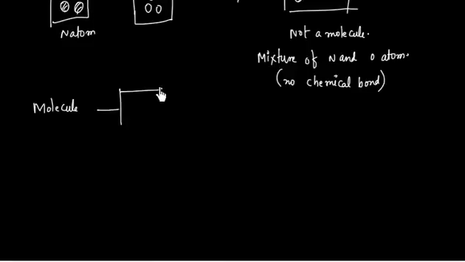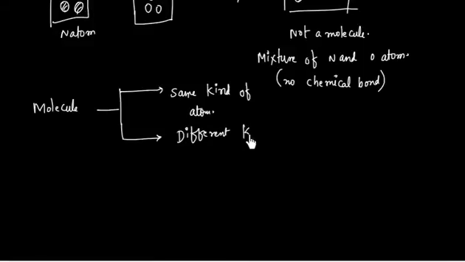Molecule that is formed by the same kind of atom. A molecule is a group of atoms. Now a group of atoms can be the same kind of atom, or a molecule can be made of two different kinds of atom.